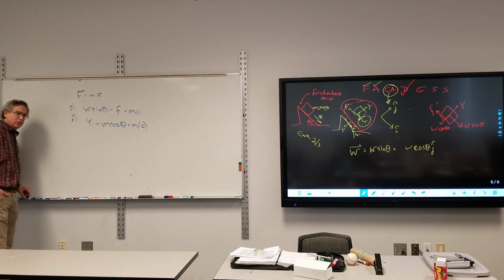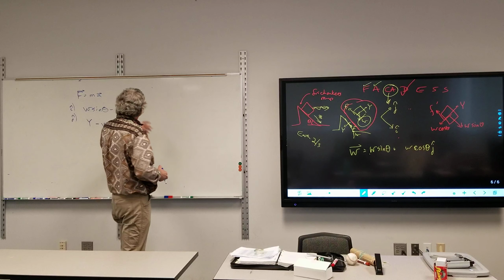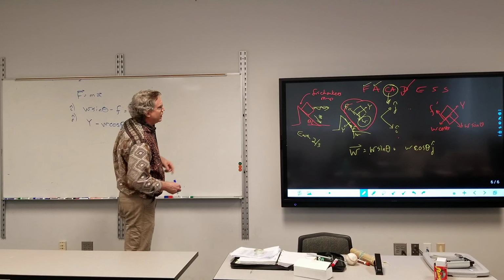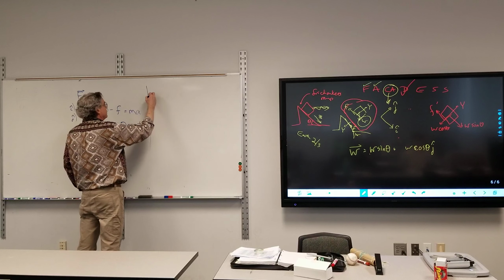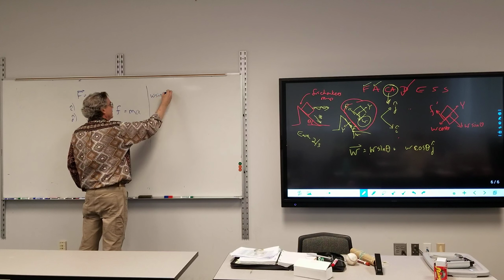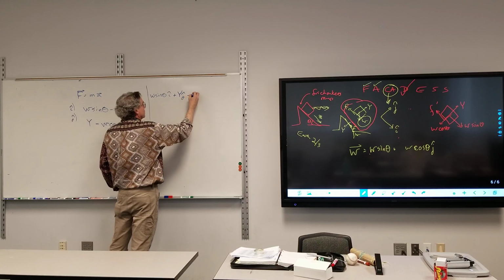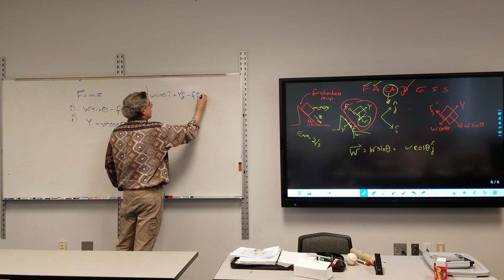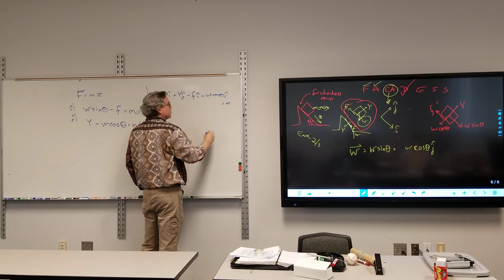Questions before I do it a slightly different way? Okay, it's a longer way, but it's going to justify this. If I plug straight into F equals MA, I have my four forces: W sine theta I hat plus Y J hat, minus friction I hat, minus W cosine theta J hat, is equal to mass times my acceleration.